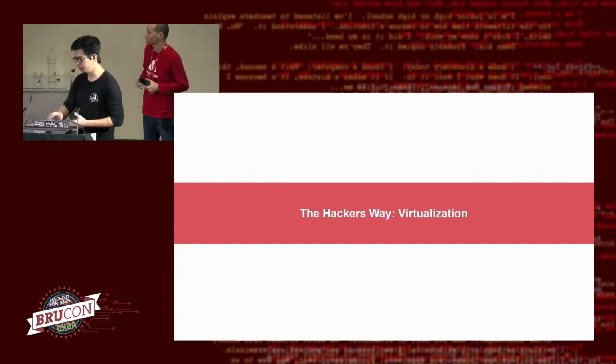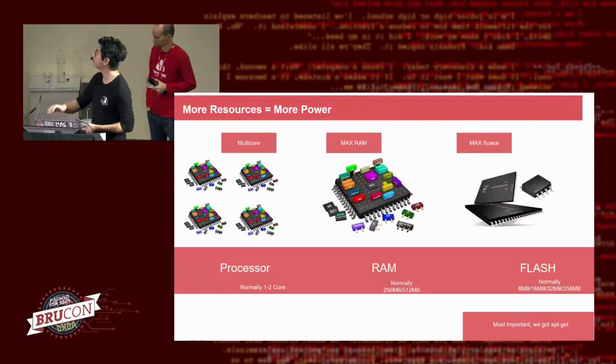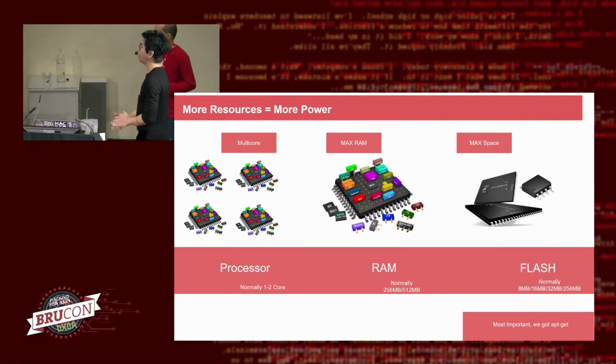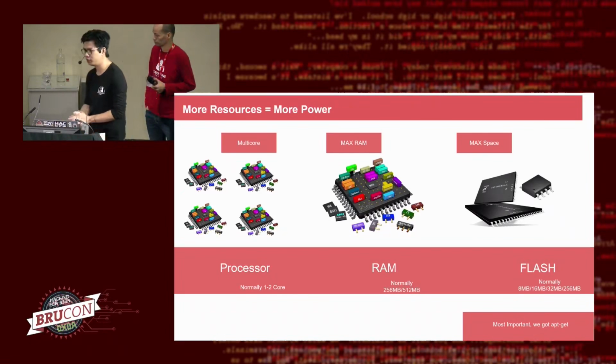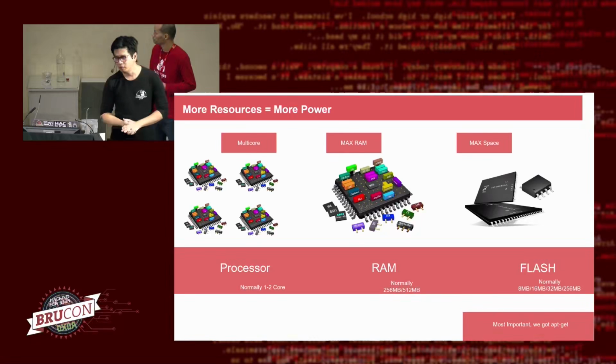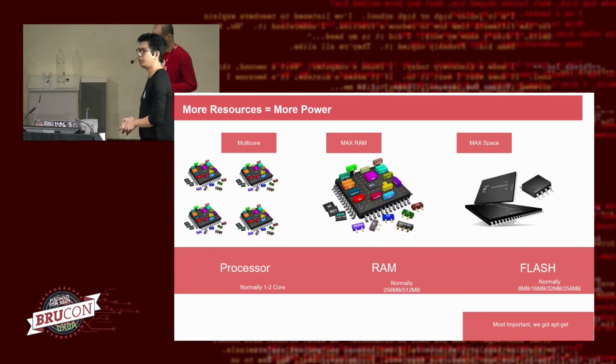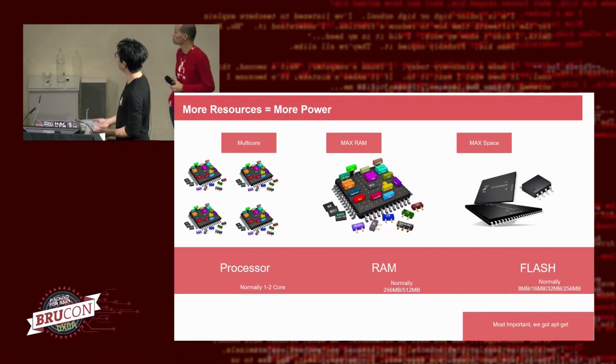And the main thing with virtualization is we can add 1 or 2 or 3 or 4 cores into the virtualized machine together with the hypervisor. Okay, we can add more RAM. Due to the spec of the original SoC, we can add more space, not the traditional 8, 16, 32 or 256 megabyte limitation.